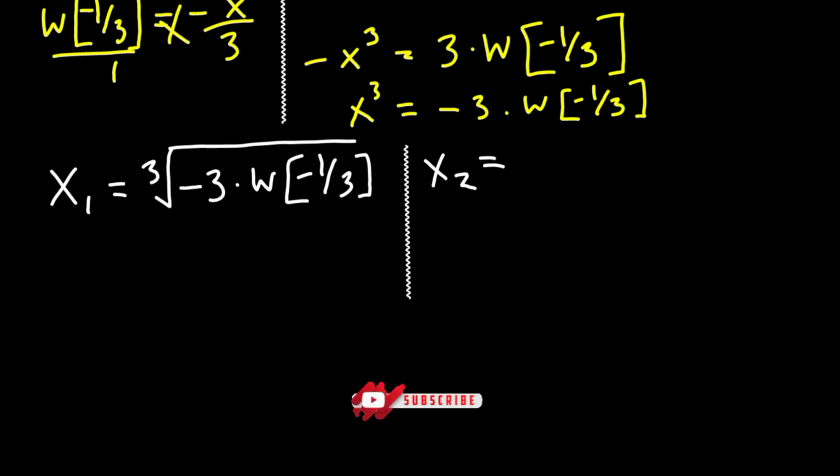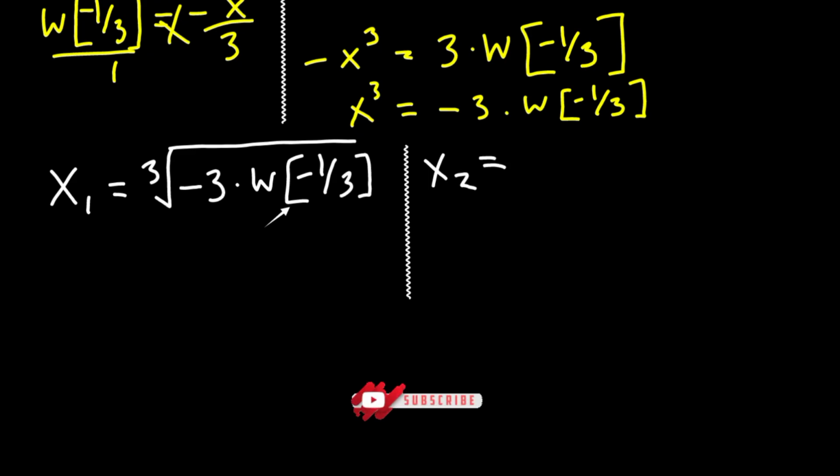And the reason why I said that is because as a property of the Lambert W function, whenever we are evaluating the Lambert W function of a constant that is negative, there is a probability that we are going to have two solutions. So when you take the W function of a number, it's either we have two solutions or no solution at all. And because minus 1 over 3 is within the domain of the W function, it means we are going to be having two solutions.